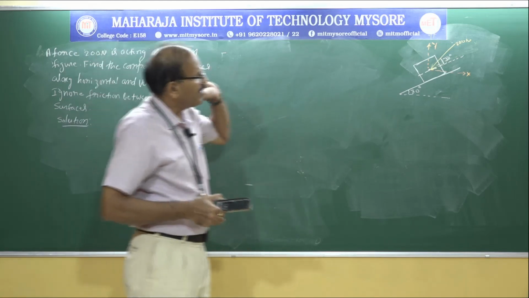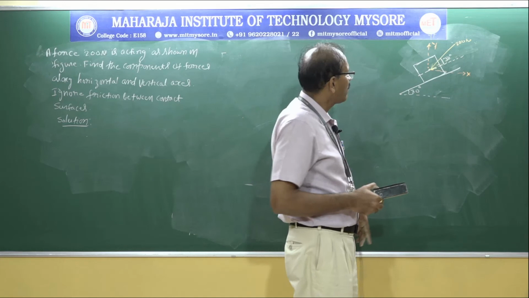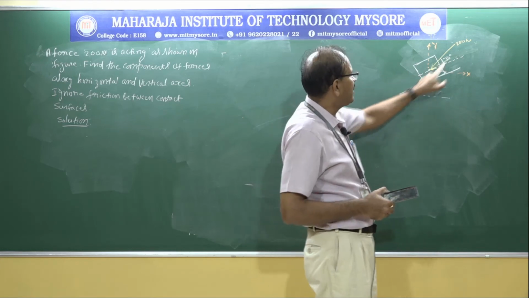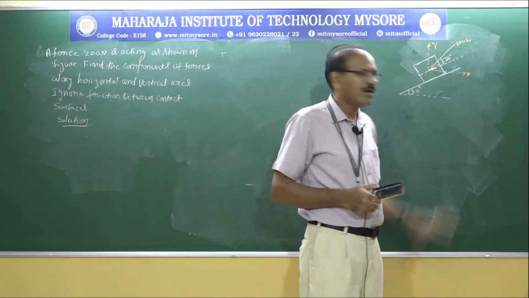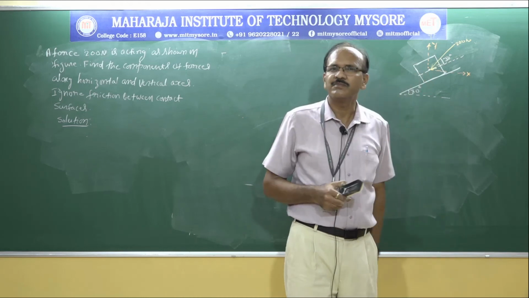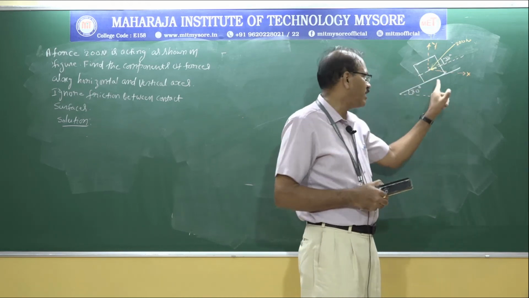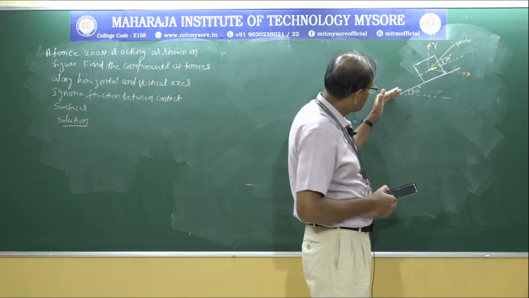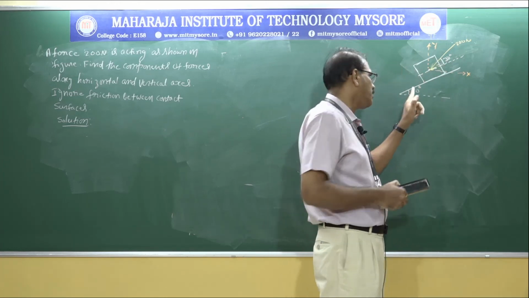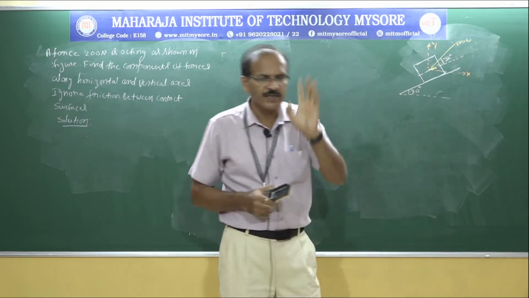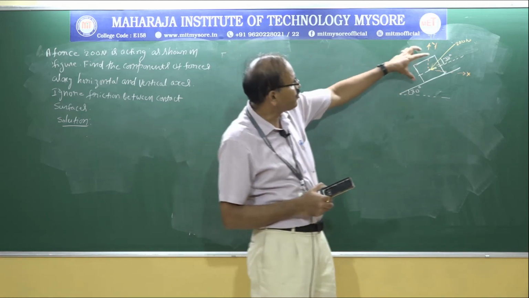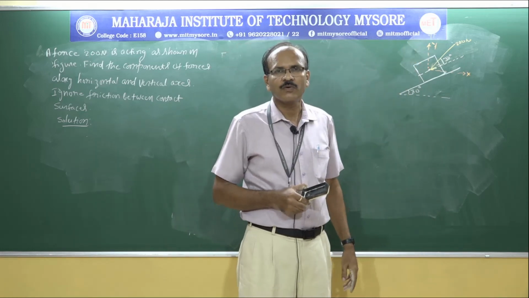So this is the problem given, and there is a block of certain weight. Ignore that weight and ignore the friction. This is a plane, and this plane is inclined at an angle of 30 degrees, and we have put this weight on it.